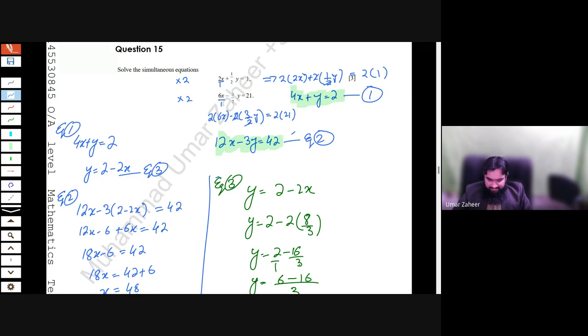In today's class, I just try my best to do the questions first. I'm making mistakes. So we have the linear equations: 4x plus y equals 2, and the second one, 12x minus 3y equals 42.